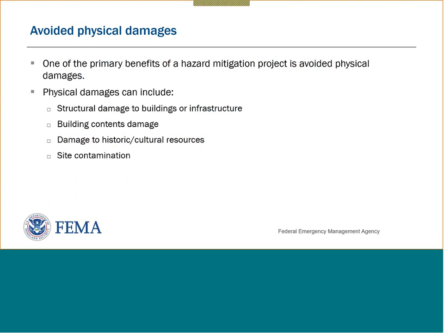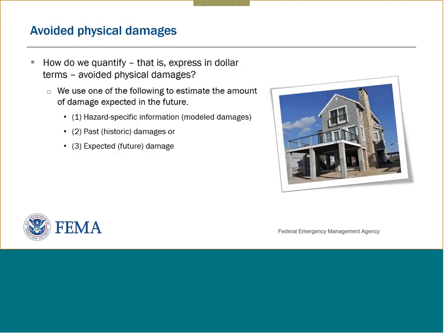All right, so what's included in this would be structural damage to the buildings or the infrastructure that you wish to have benefit from your mitigation activity, building contents, potentially damage to historic or cultural resources that are nearby, and then any sort of site contamination that might have resulted from a past hazard event. Next slide, please.